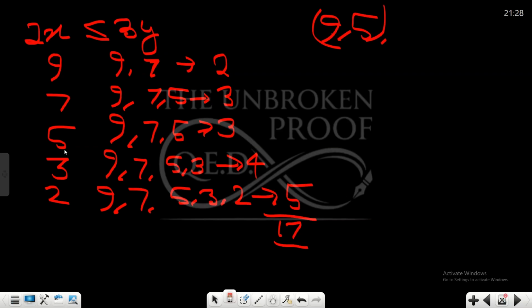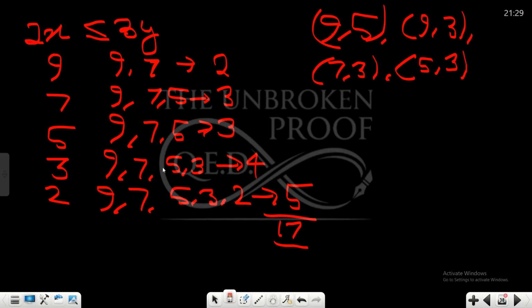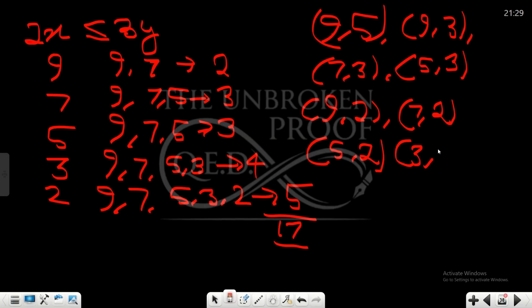Then 5, 5, 5, 7, 7, 5 is there, 5, 5 not required, 3, 9, 9, 3 required, 3, 7, 7, 3 required, 3, 5, 5, 3 is required, 3, 3 not required, 2, 9, 9, 2 required, 2, 7, 7, 2 is required, and 2, 5, 5, 2 is required, and 2, 3, 3, 2 is also required, and 2, 2 is not required.